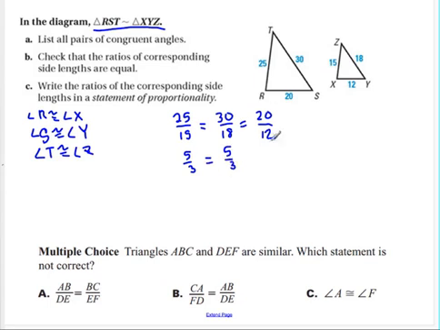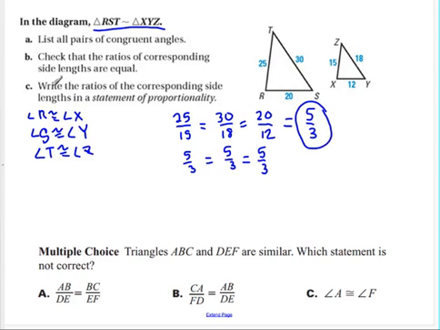And both these are divisible by 4, and I'll have 5/3. Notice all of these simplify to the same number. That's 5/3. That is going to be our scale factor, which we'll introduce very soon. It's also going to be our ratio of side lengths. It's also going to be our ratio of perimeters. And we'll see how it relates to the ratio of areas later in this lesson.